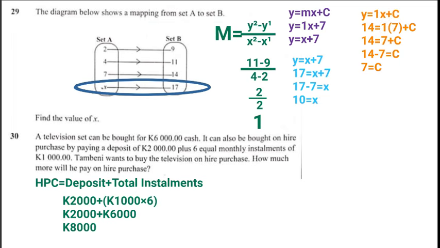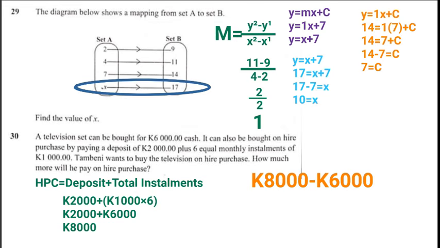Once we have found that, we can find the difference between hire purchase and buying it cash. We know that buying the television on cash is 6,000. On hire purchase it's 8,000. So 8,000 is bigger than 6,000. So we're going to say 8,000 minus the cash price, which is 6,000.